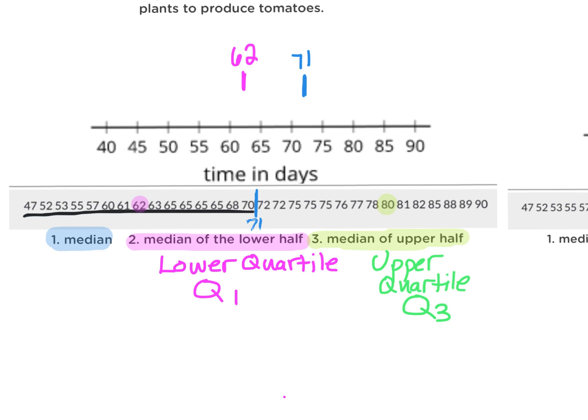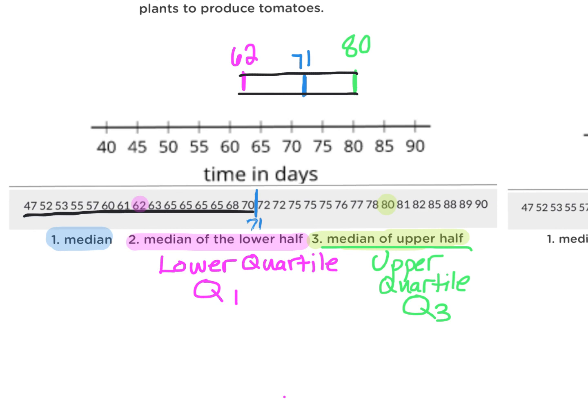I'll show you why in just a second. So we need the right side of our box right here above the 80, where the upper quartile is. And that is how you make the box part of your box plot.